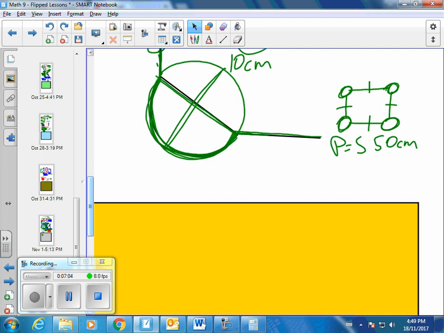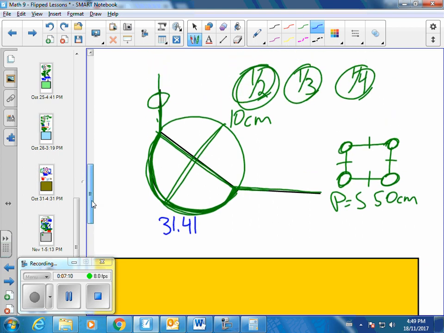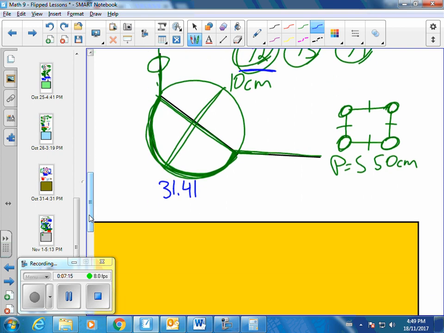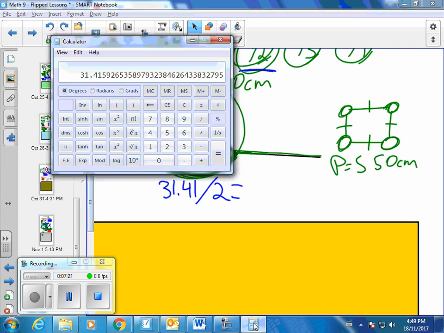So what that means is I take my 31.41. I'm going to say that this is half of a circle that I have facing the outside. So I'm going to divide this by 2, and I get an answer of, where's my calculator? There it is. 31.41 divided by 2.